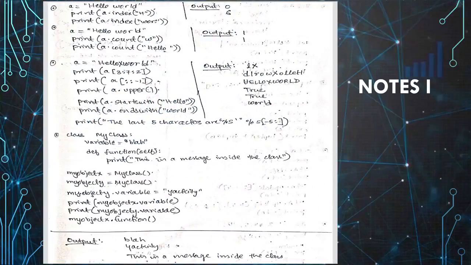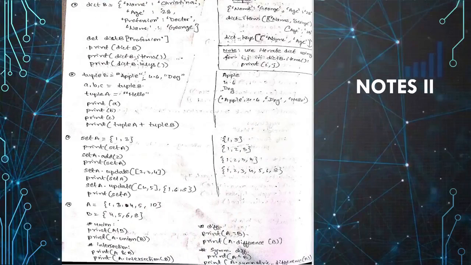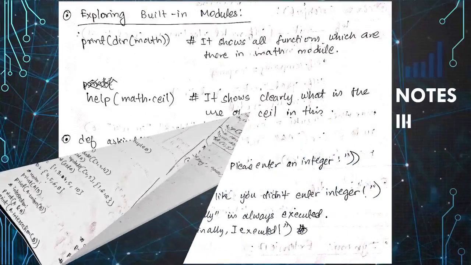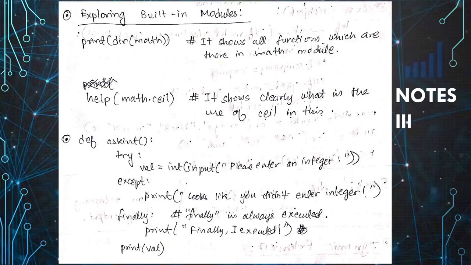So this is the first page, second page, third page. You can see I have given very useful stuff here. print(dir(math)) shows all the functions which are there in the math module. So suppose you are new to a module and you don't know anything about it, you can just do print(dir(math)).